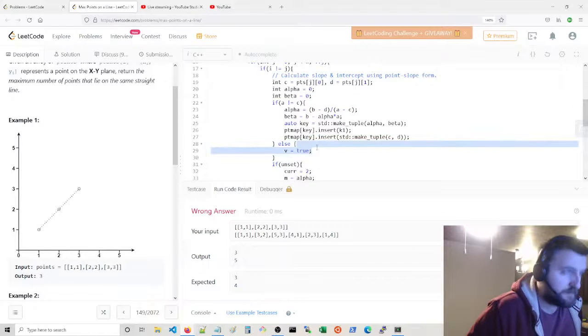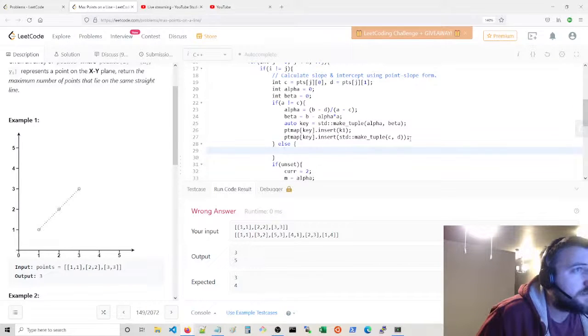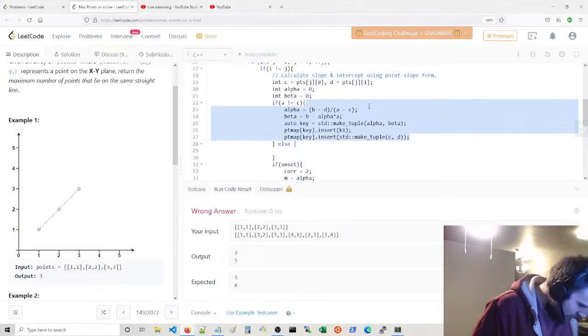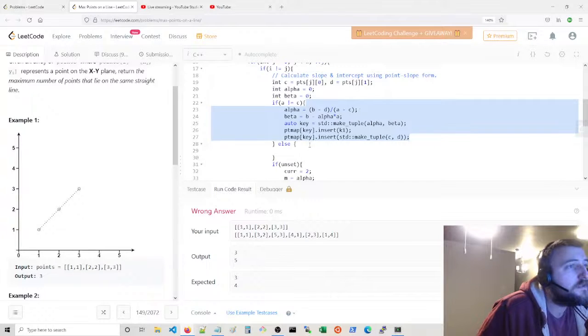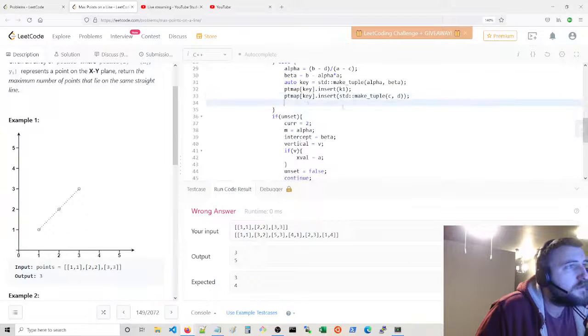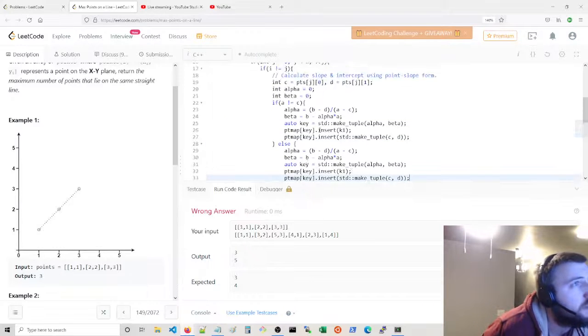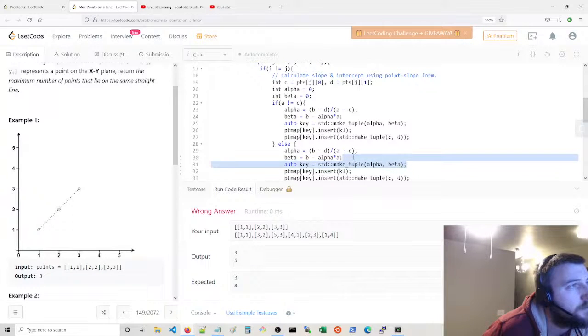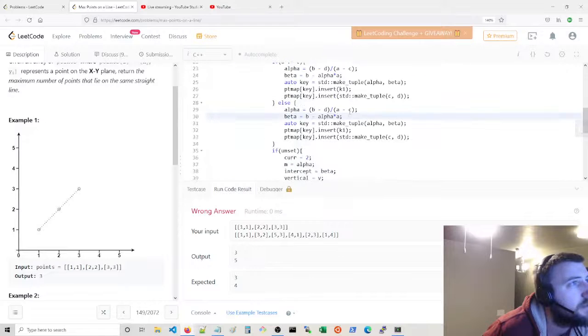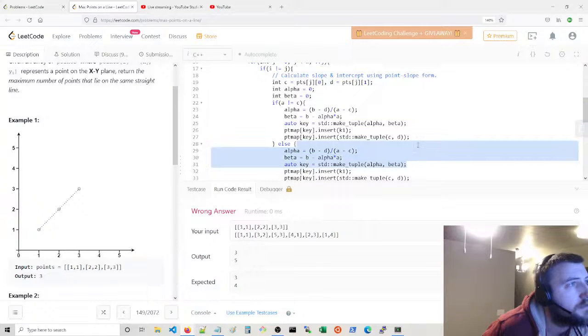Otherwise, we're going to say something like the following. So this is going to be the horizontal point map. The key is going to be just A, not alpha. So these we don't need to calculate.